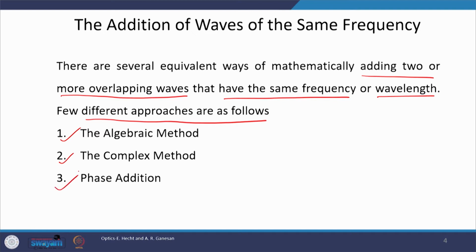And third is the phasor representation, okay. In this phasor representation or phasor addition, we represent the wave in a vector form and add them vectorially, and the resultant will give you the final addition. Out of these three methods, we will talk about only the algebraic method. They are equivalent methods, therefore we will pick one of the three, okay.